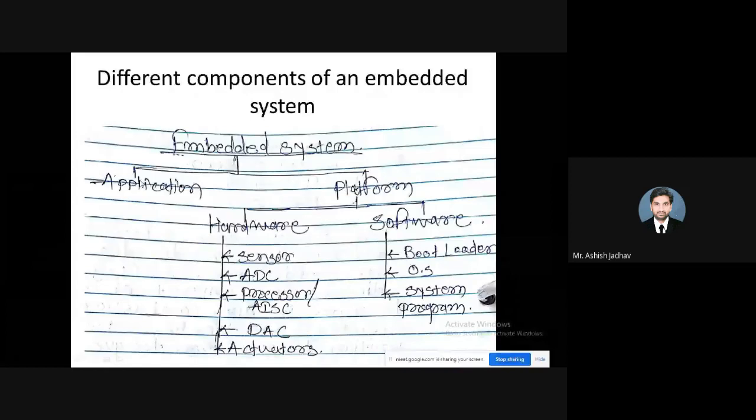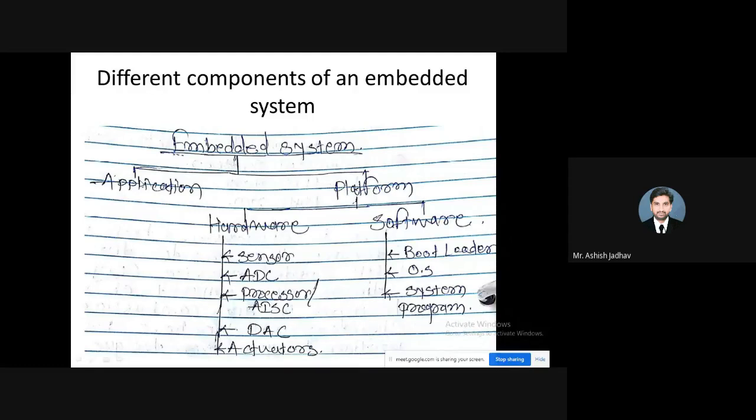So can I say an example of a platform is Raspberry Pi, right? This Raspberry Pi will have hardware and software. That is why the platform called Raspberry Pi will have hardware and software components. Now in hardware, what are the different things that we have?